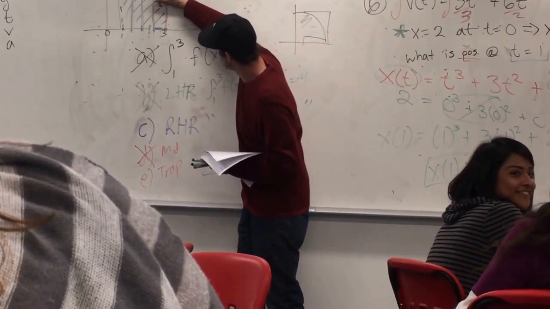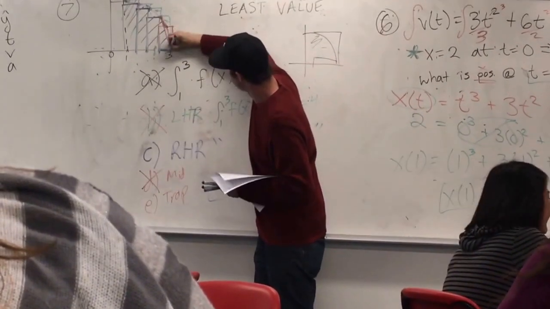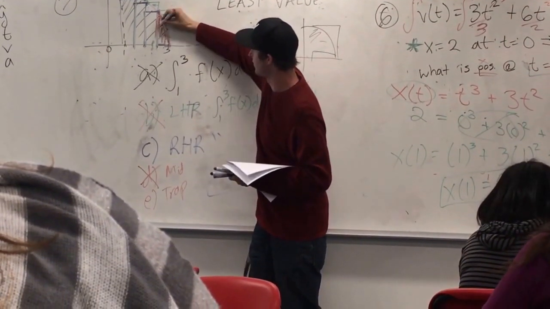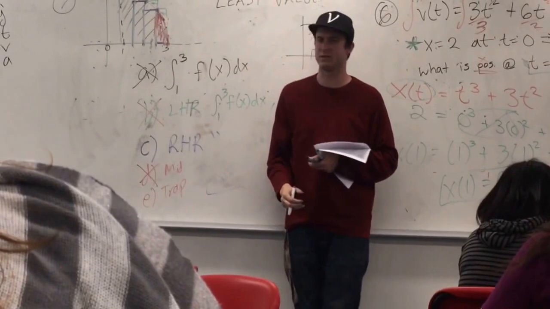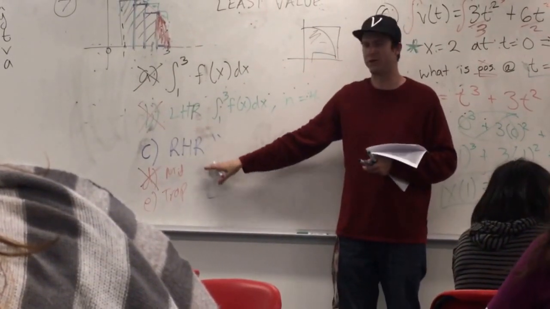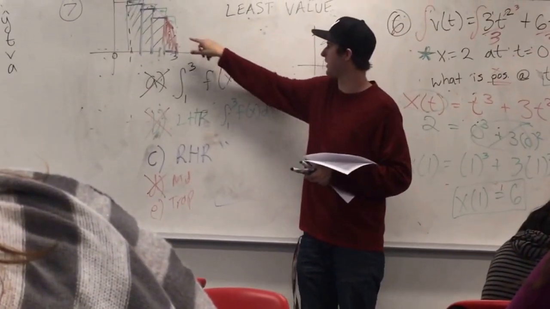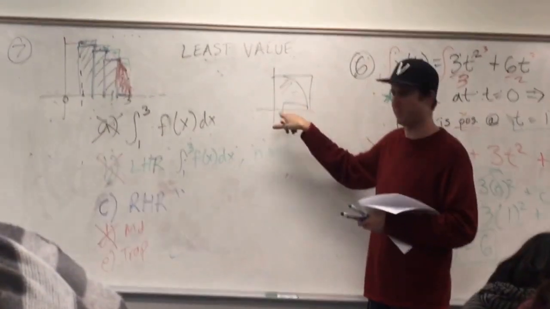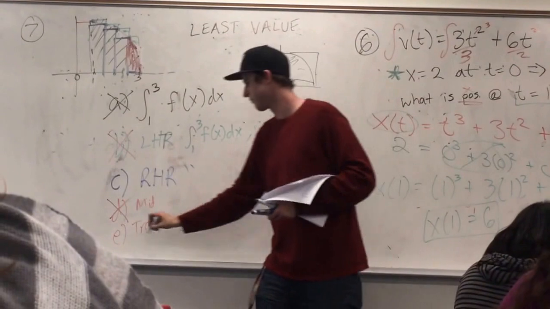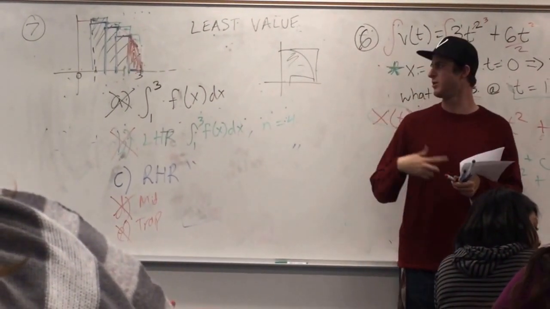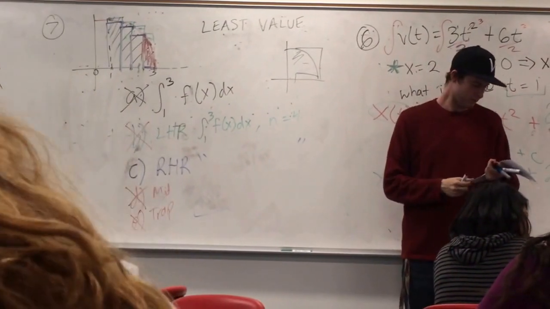You make that line and turn it into a trapezoid, which is very, very similar to midpoint. They're both really accurate. They're closer to the exact value, so you can see it's bigger than the right, which under-approximated a lot. So it was a bonus. If you didn't get it, it's okay, but I do want you thinking about it. All right.